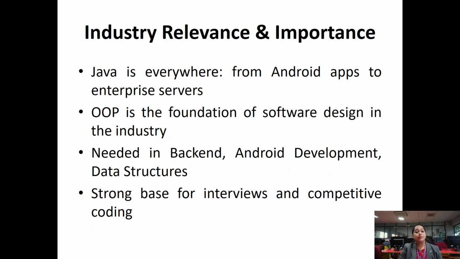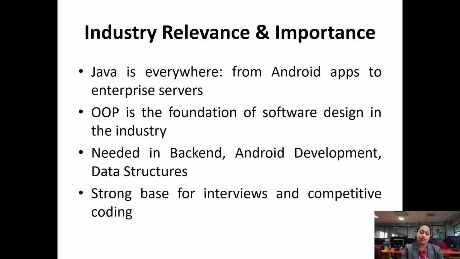Okay. Now, how is learning this course relevant to the industry, or what are you going to gain from learning this course? So we know that most of the industry uses Java for their programming, and you can also become an Android developer, or object oriented programming is the foundation of software design in the industry.